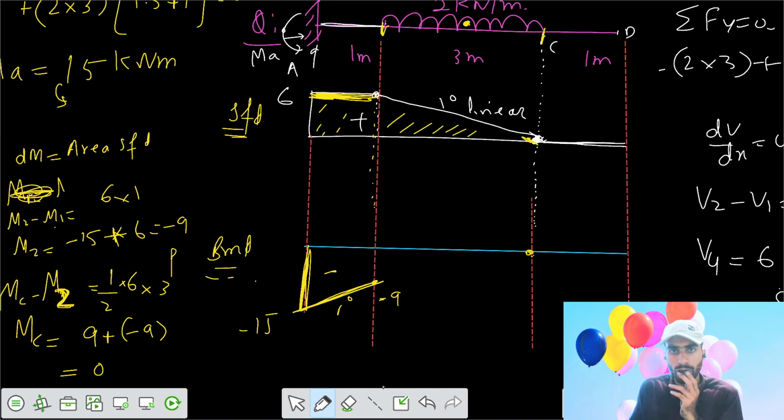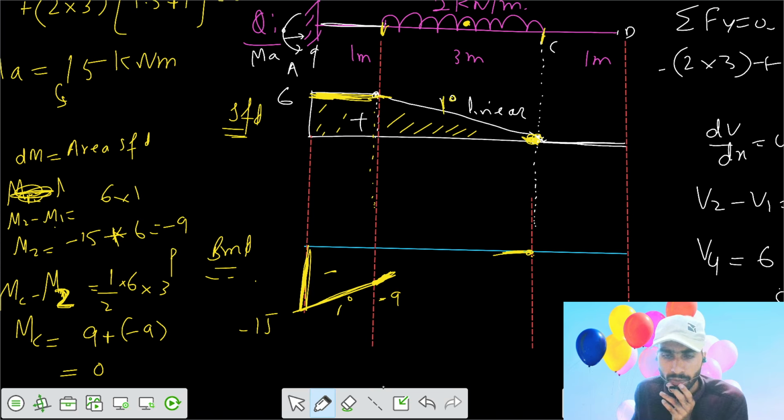And since the shear force at C is 0, that means the slope here is 0. And the shear force here is 6, so there has to be some slope. Then after that, the variation for the shear force diagram is 1 degree linear.